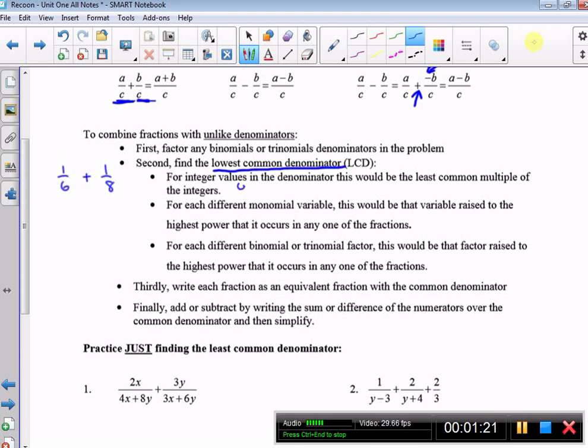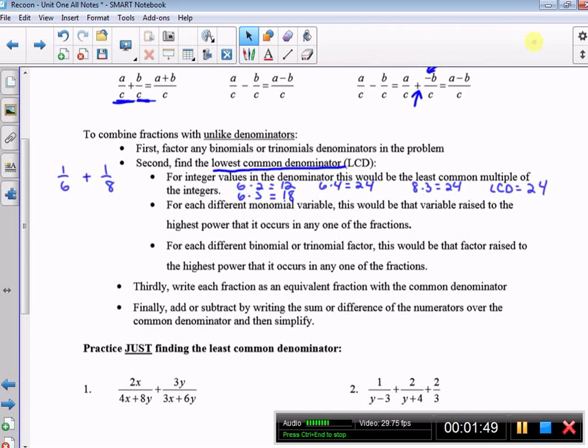So start with 6 times 2. 12 is a multiple. Is 8 times anything equal to 12? No. 6 times 3 is 18. Is 8 times anything equal to 18? No. 6 times 4 is 24. Is 8 times anything equal to 24? Yes, it is. 8 times 3 is equal to 24, so your LCD is 24.